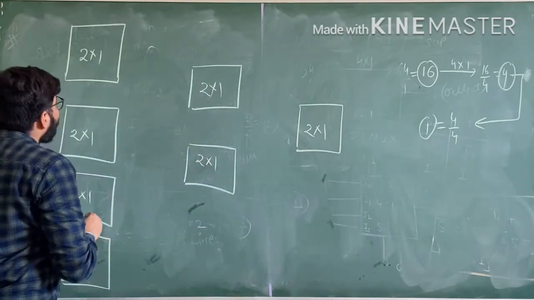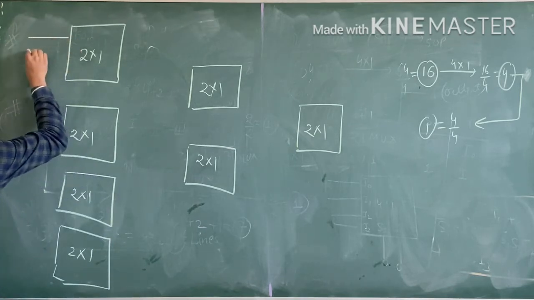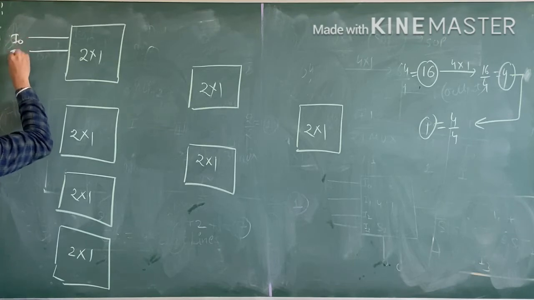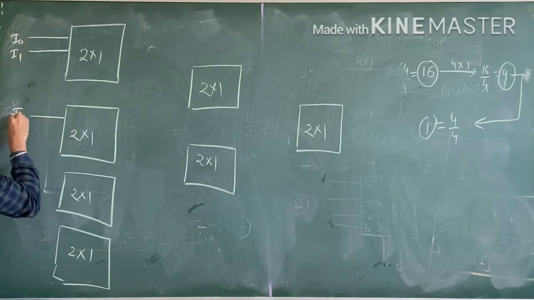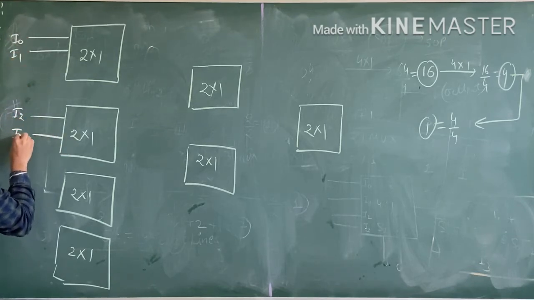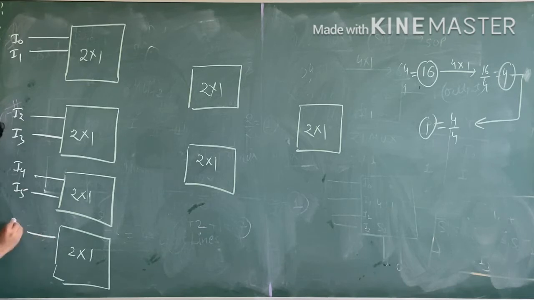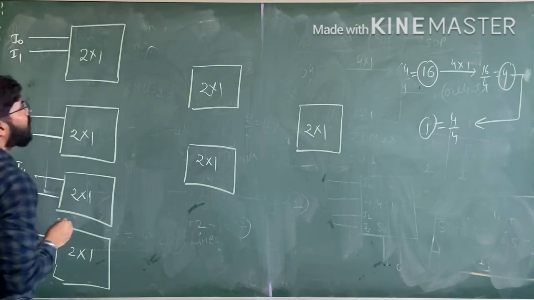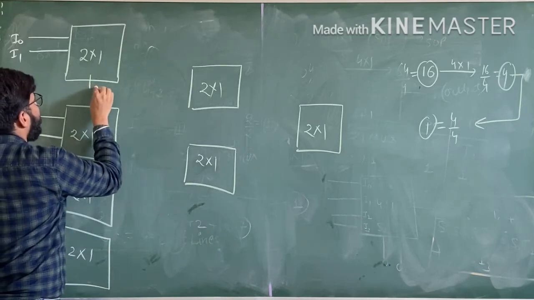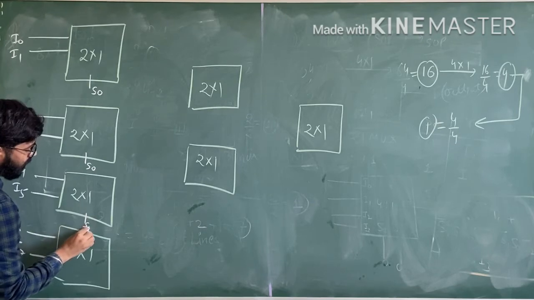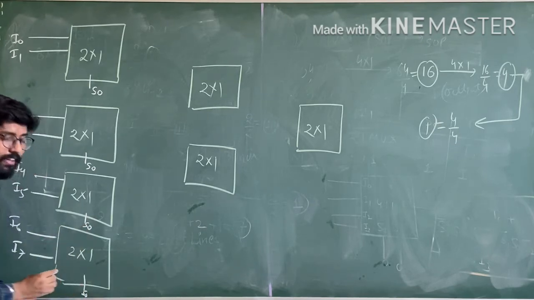Now, here we have inputs. Here we have I0, I1. Here we have I2, I3, because 2 inputs are here. Here we have I4, I5. Here we have I6, I7. Here we have pins S0, S0, S0. This is the select line.